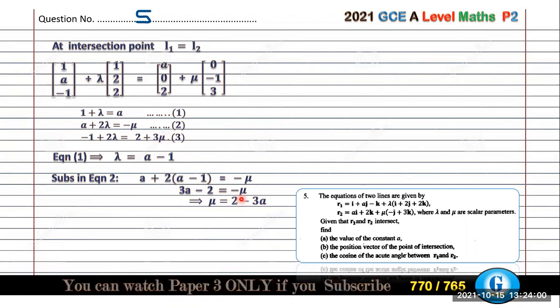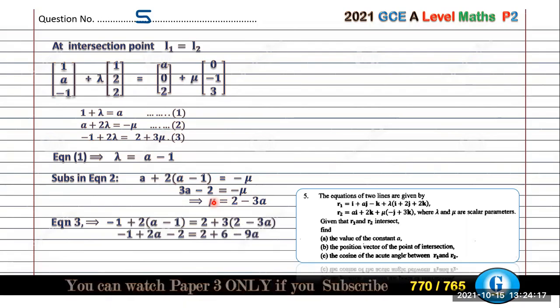So mu becomes 2 minus 3A. Now we substitute in equation 3. This will give us minus 1 plus 2 into lambda, which is A minus 1, plus 2 into 3 mu, which is that. When we simplify this, we are going to have 11A equal to 11. And A is equal to 1.